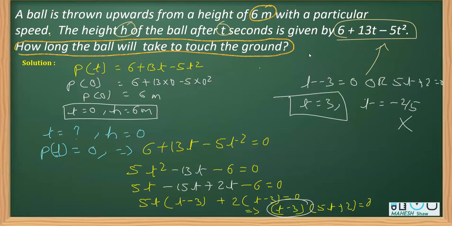Therefore, t is equal to 3 seconds. That means it will take 3 seconds for the object which was dropped from this height, following this path, right? It is 6 meter. As it is taking this path, because it is thrown upward first and then it is going down, it will take 3 seconds to reach here.